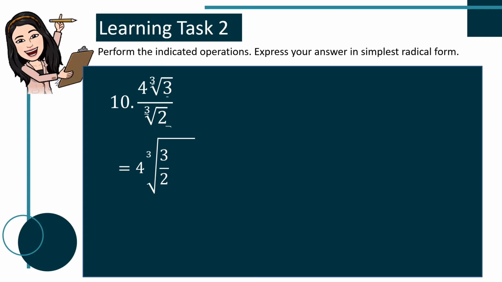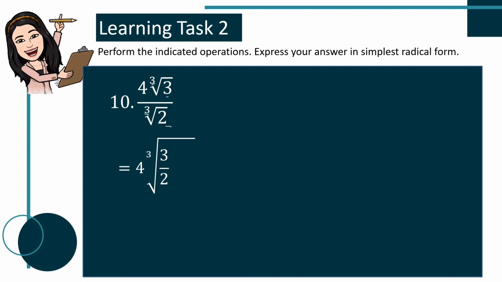In case like this, sabi nga natin sa rule in radicals, hindi daw po pwede na merong fraction sa loob ng ating radicals. So, hindi to po pwede. At hindi rin po pwede na may radical sa denominator. So, ibig sabihin, in order to simplify it, let us rationalize the denominator.